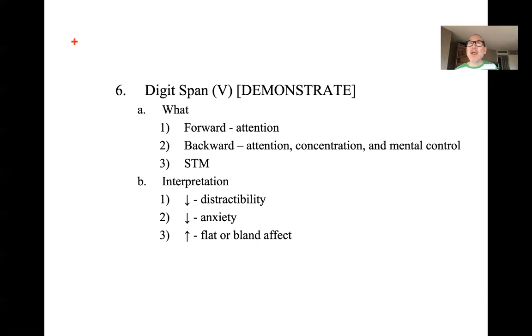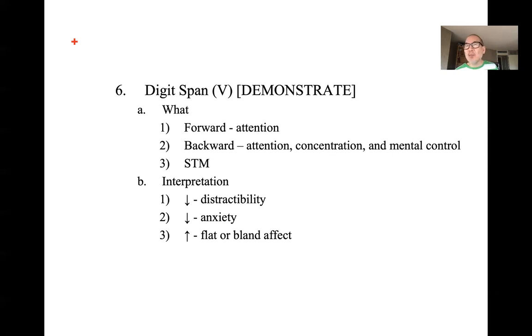Now, what does digit span measure? What it measures when you're doing the first type, forwards, is attention. There's no concentration. You're saying 2, 4, and they go 2, 4. However, with the second task, where they have to say the numbers backwards, it's not only a measure of attention but also concentration, because they're working with that information.